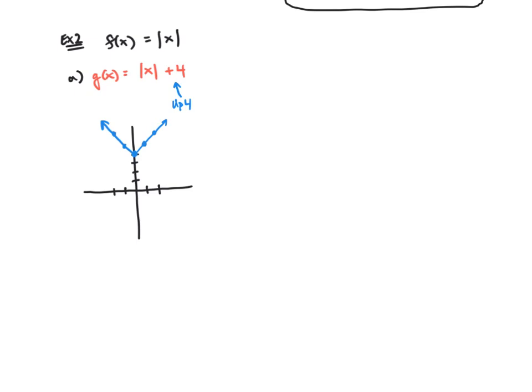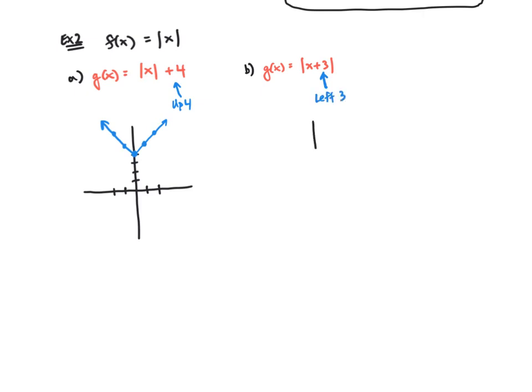All right, let's look at another. What if your function says g of x is equal to the absolute value of x plus 3? Now, since the plus 3 is inside the absolute value, I know I'm going to shift either left or right. But because it's a plus, I know that means I'm going to go left 3 units.